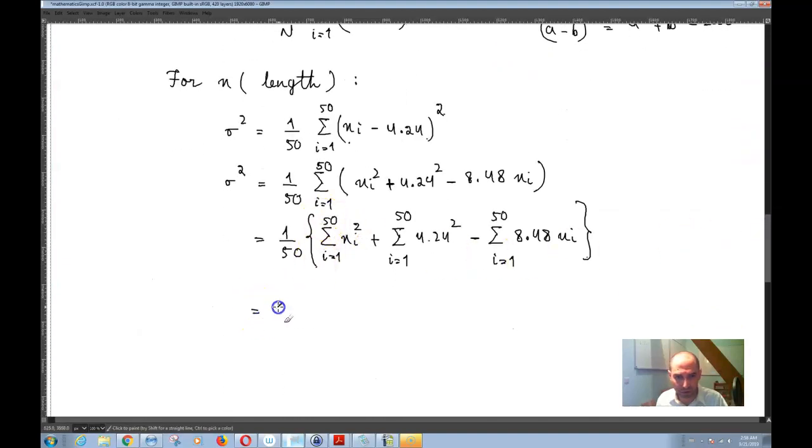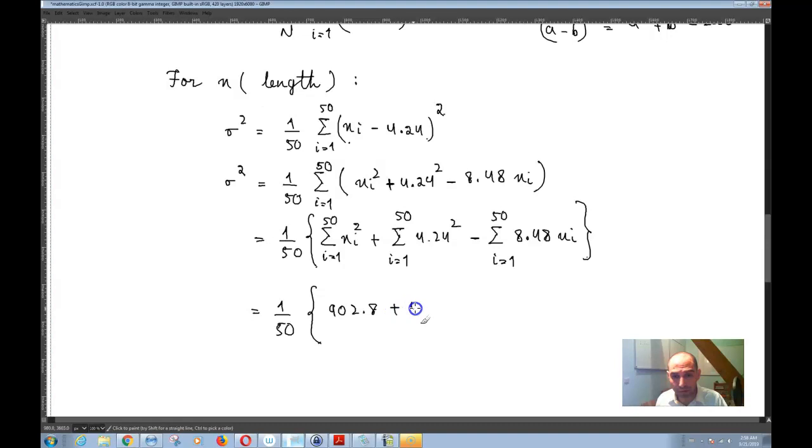So I write this as 1 over 50 times 902.8, and of course you know that sigma of 4.24 squared as I goes from 1 to 50 is just 4.24 squared. It doesn't depend on I. There is nothing here to be summed or anything.